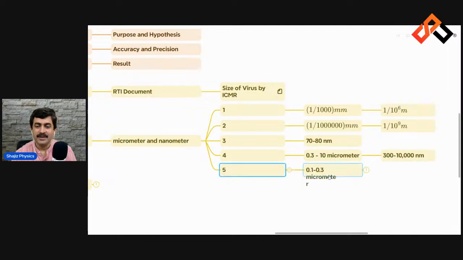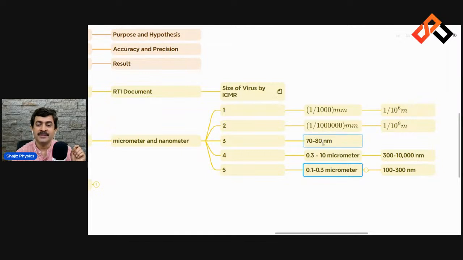And the pore size of N95 mask, which is 0.1 to 0.3 micrometer, is 100 to 300 nanometer. Now compare the pore size with the average size of coronavirus, which is only 70 to 80 nanometer.